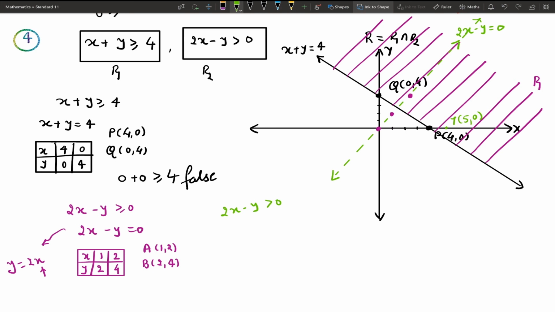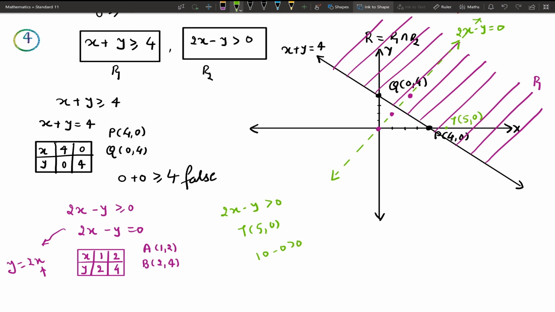Now let us verify whether point T (5, 0) satisfies this inequality or not. Put x equal to 5 into 2: 10 minus 0 is greater than 0.